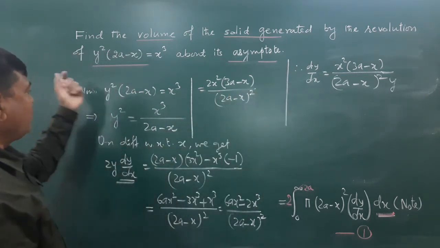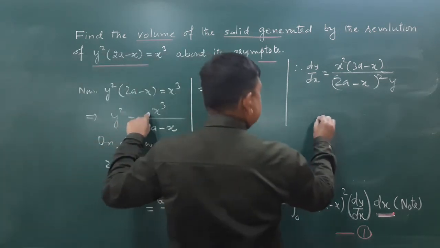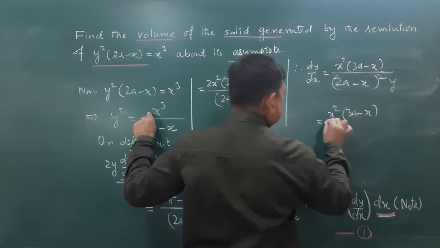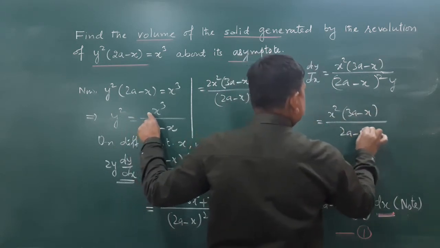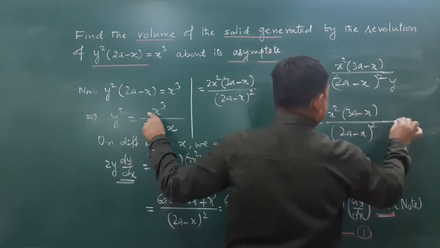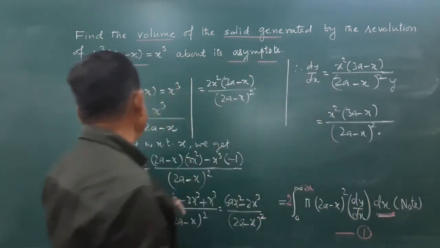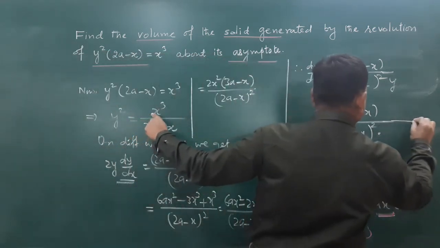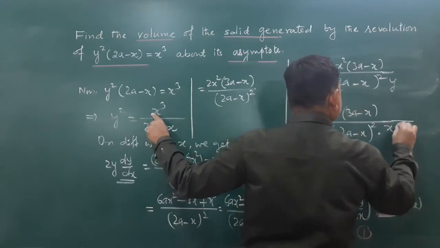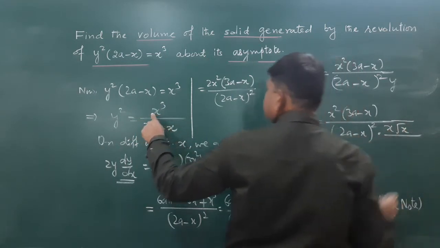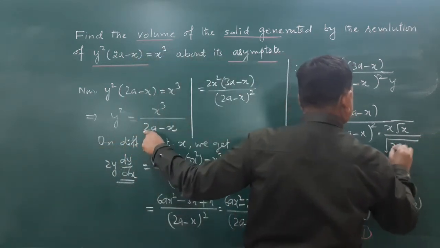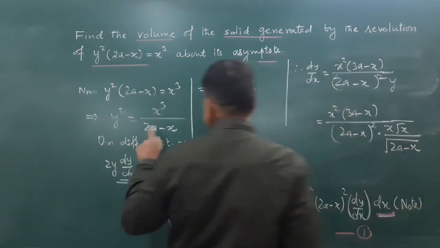Now the value of y: x square (3a minus x) upon (2a minus x) whole square into the value of y, meaning square root of this, so it is x root x upon root (2a minus x).